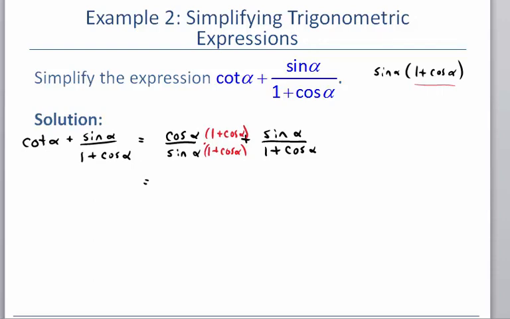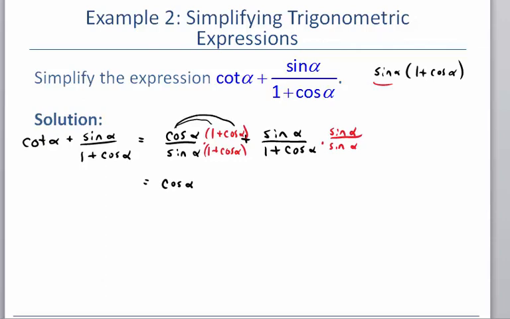For my second fraction, I have the 1 plus cosine, but I need the sine. And so I'm going to multiply top and bottom by sine. Okay, so let's look at what we have. I'm going to go ahead here on the top of this first fraction, and I'm going to distribute. So cosine times 1 is cosine.